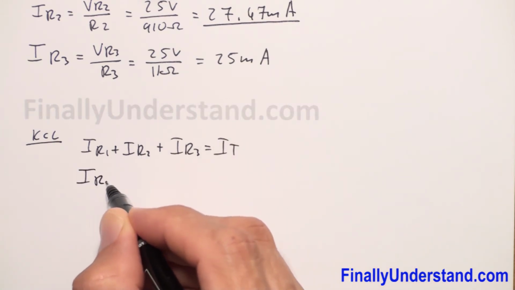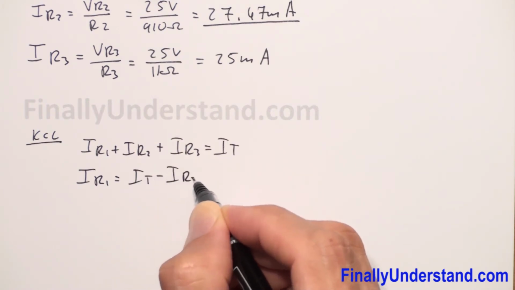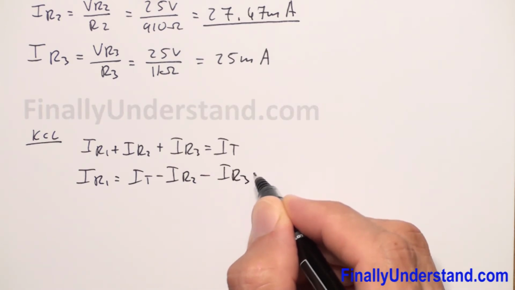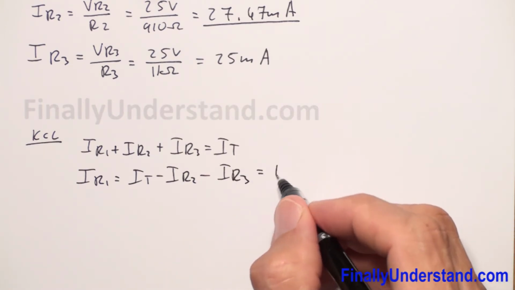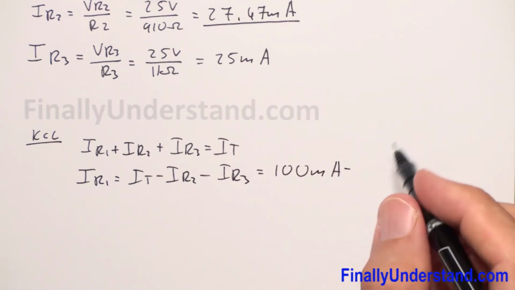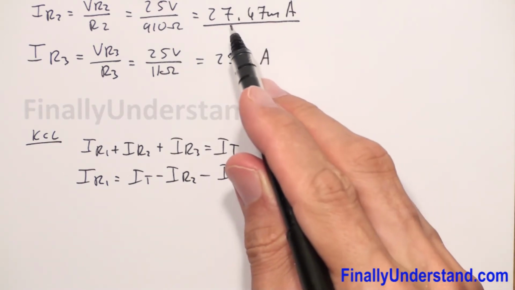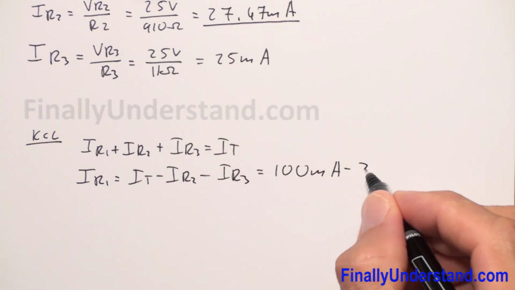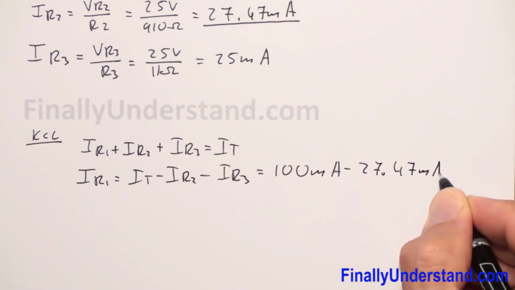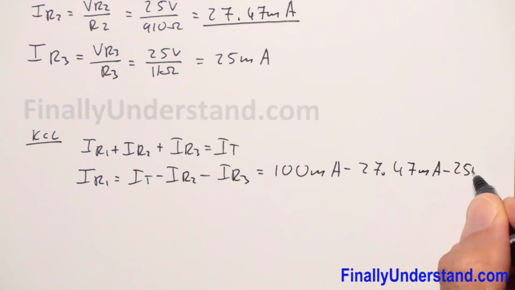So IR1 is equal to I total minus IR2 minus IR3, this is equal to 100 milliamps minus 27.47 milliamps minus 25 milliamps.